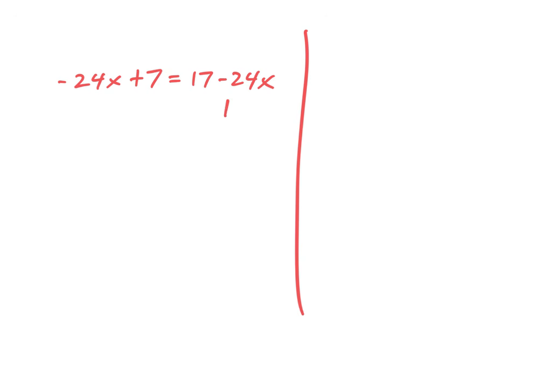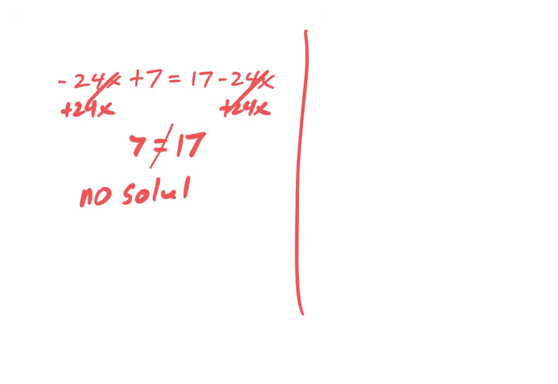As I look at my x's, the x's disappear on both sides. They're gone, okay? But what I have left is 7 equals 17. We can't solve for x any longer because the x's are gone. So what would I say for my solution here? No solution, because these two are not equal to one another, we would say there is no solution.